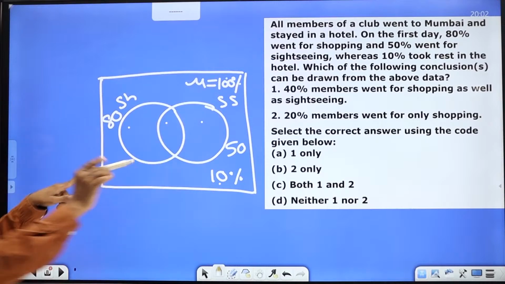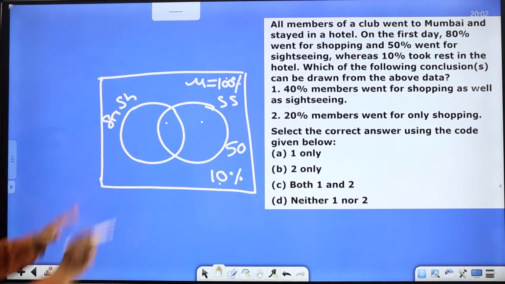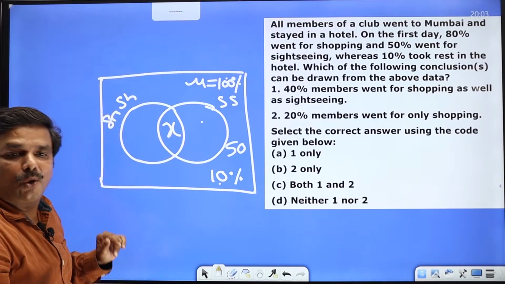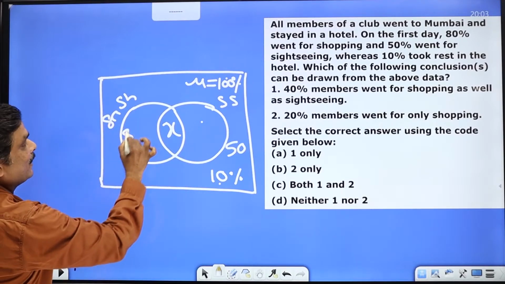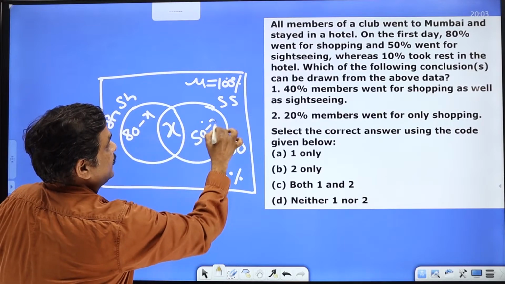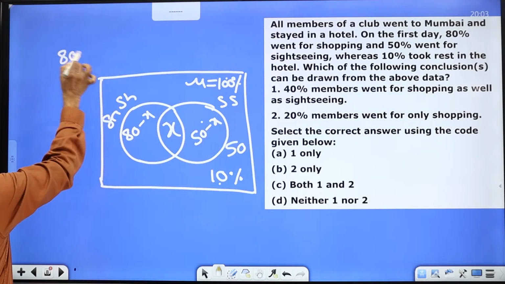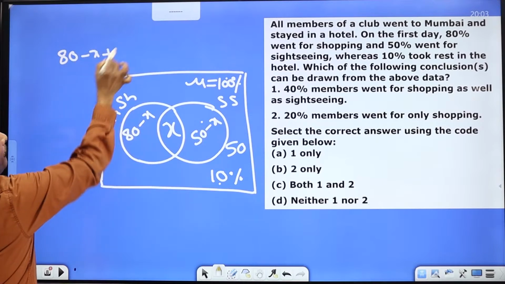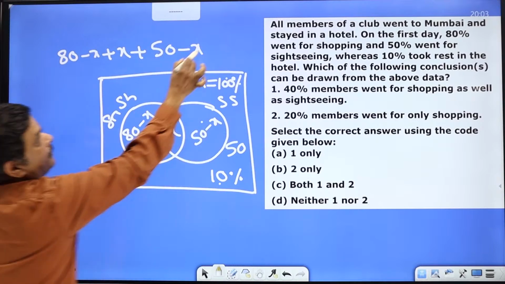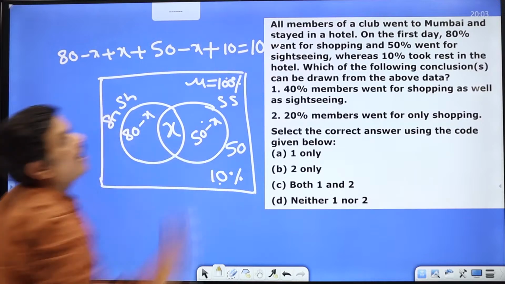Got the idea? Now here you see how to find out how much is here. To find that out, take this value as simply x. I'll give it in the simplest way. If this is x, it will become 80 minus x, right? Now this is 50 minus x, as simple as this. Now, according to the basic rule, 80 minus x, plus x, plus 50 minus x, plus this 10% must be equal to 100%.